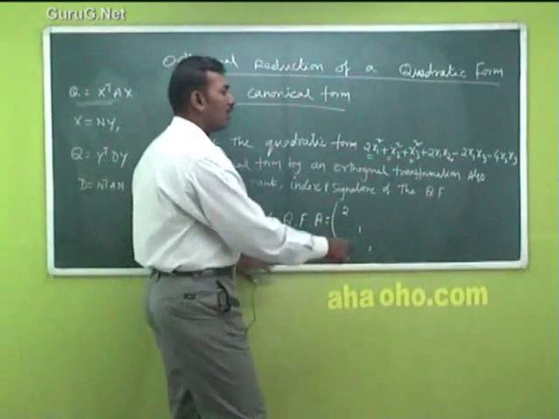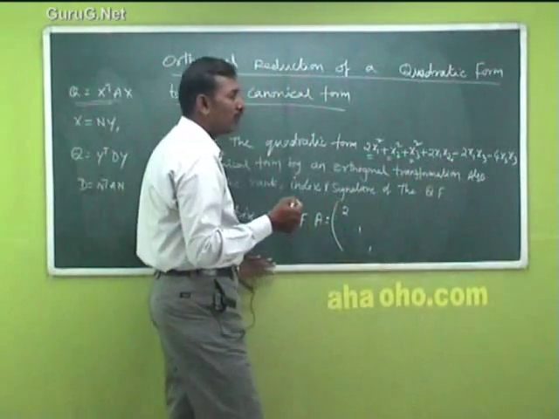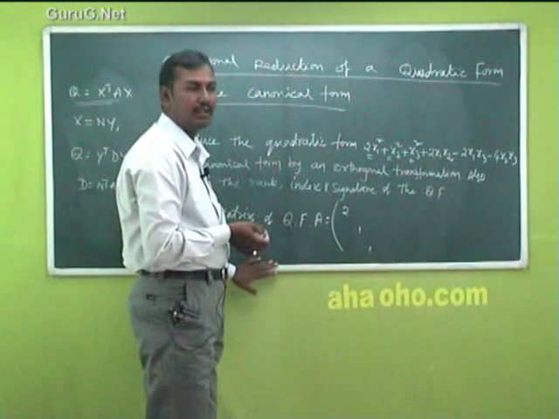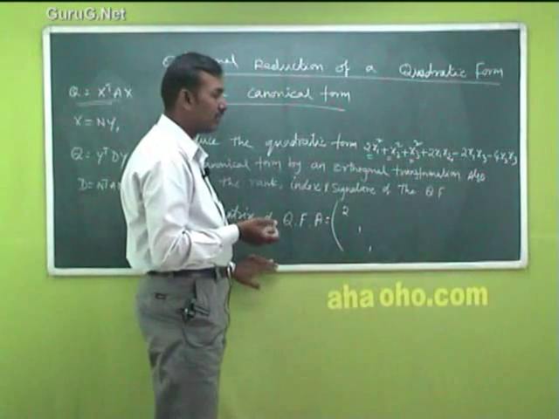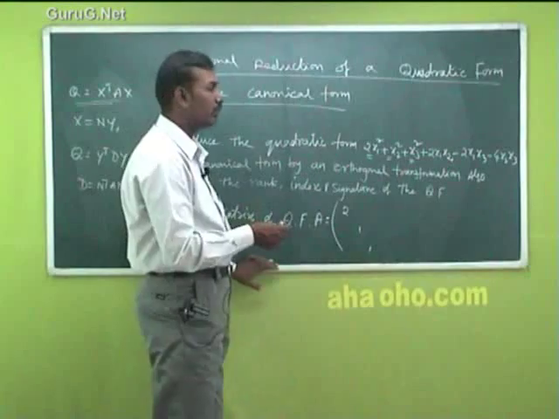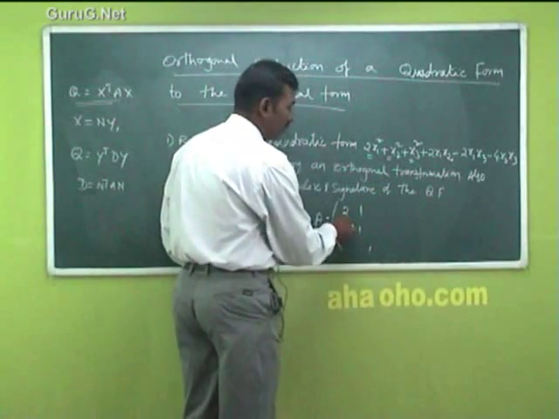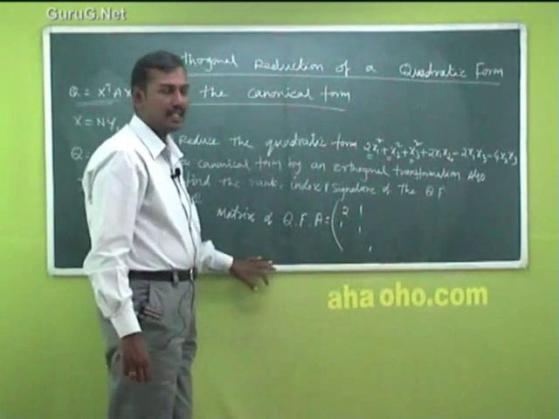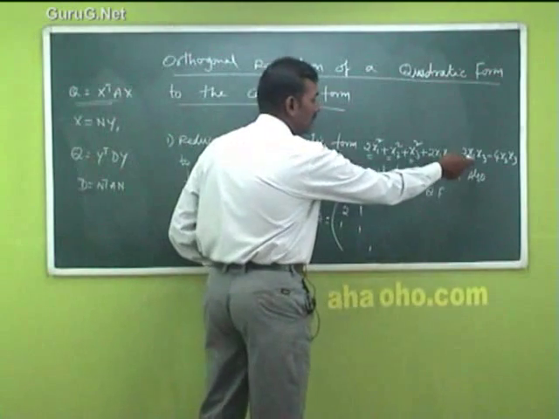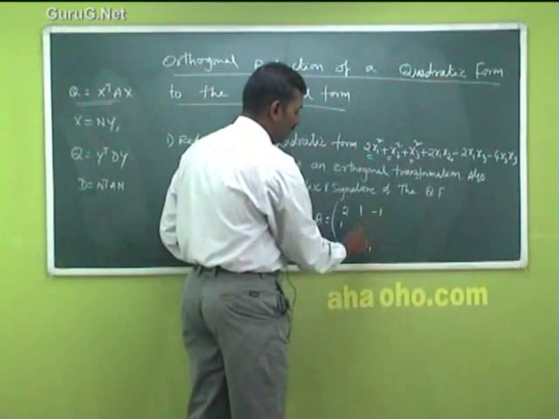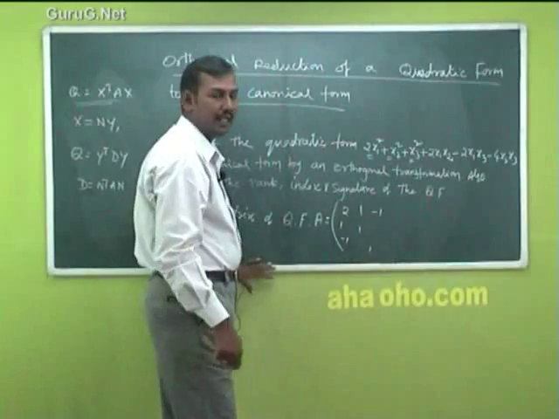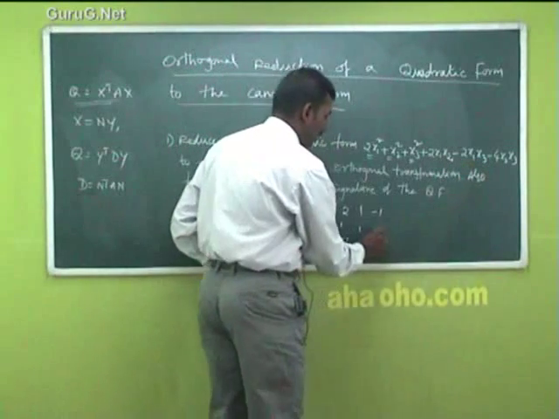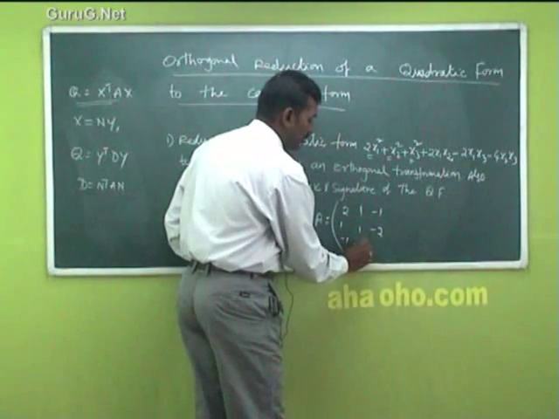The next, the coefficient of x1x2 divided by 2, we place it in the places a12 and a21. So you get 1, 1. Next a13, that is x1x3, so minus 1, minus 1. Next x2x3, so minus 2, minus 2.